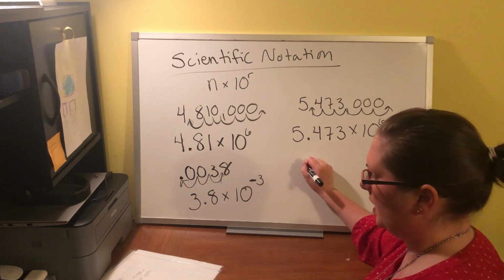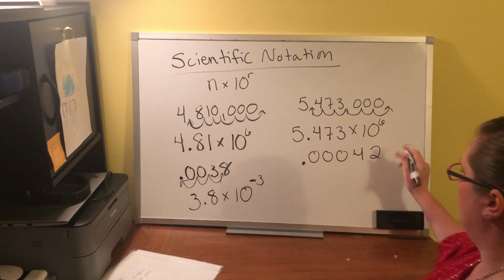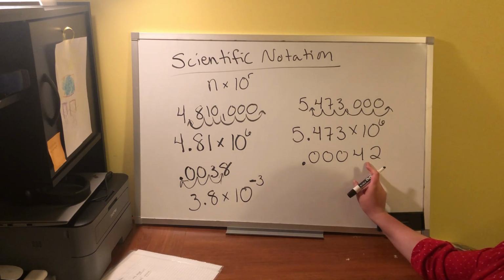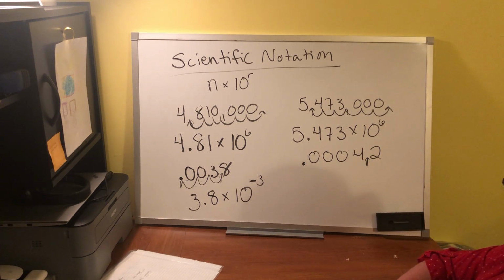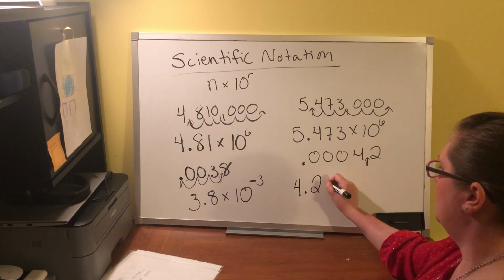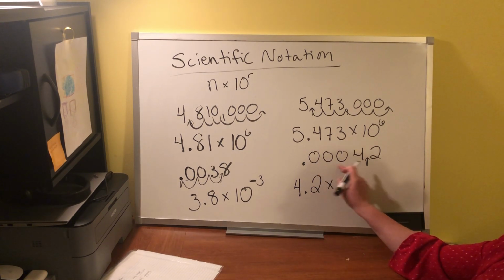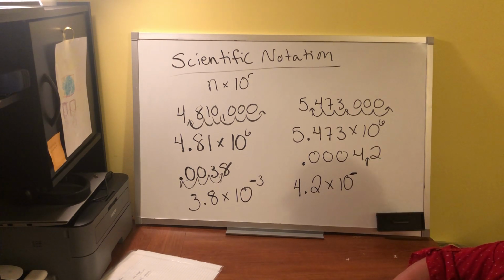Let's do one more. Let's look at 0.00042. So it's the same thing we did before. I want to write this as a decimal, but I need one whole number to the left of the decimal. So this becomes 4.2 times 10 to the, now the original number is a decimal, which means this exponent is going to be negative.